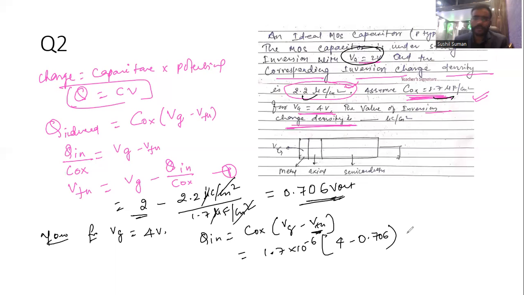Just put all these values and you will get 5.6 microcoulomb per centimeter square. So the answer will be approximately 5.6 microcoulomb per centimeter square. So this is your right answer.